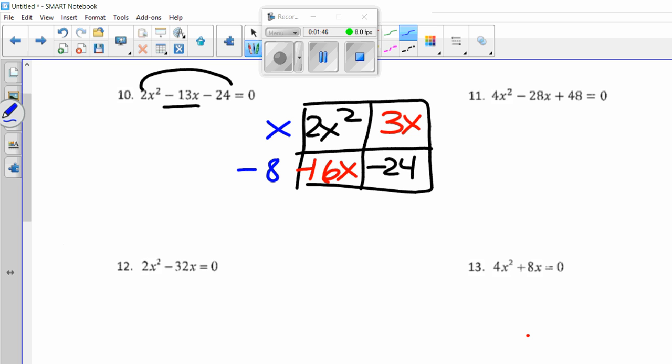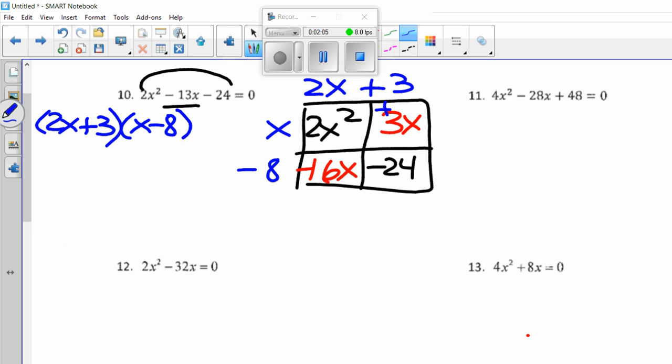And then in the columns, I've got a 2x, right? Because they're both even, they both have an x. And then I've got a factor of 3, and that would be positive 3 because this is positive right here. So those are my two factors. I've got 2x plus 3 times x minus 8 equals 0.